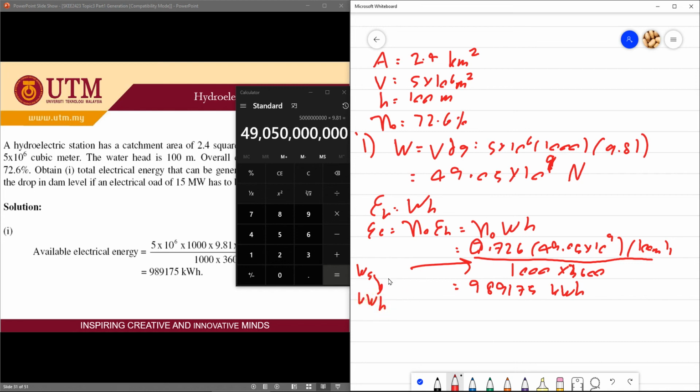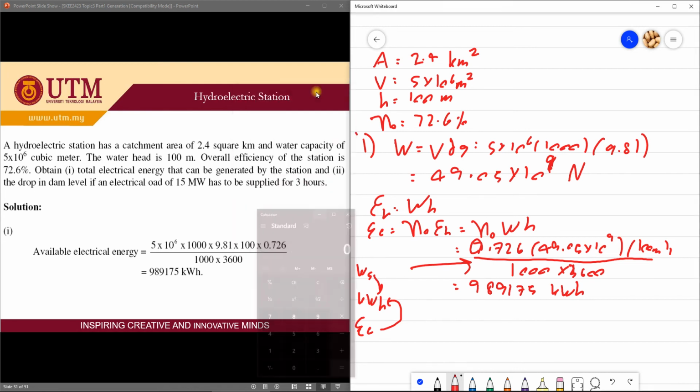For electrical energy, the EE, we use kilowatt hour. For hydraulic energy, we use watt second. So make sure you know the conversion. This is how to solve question number 1.